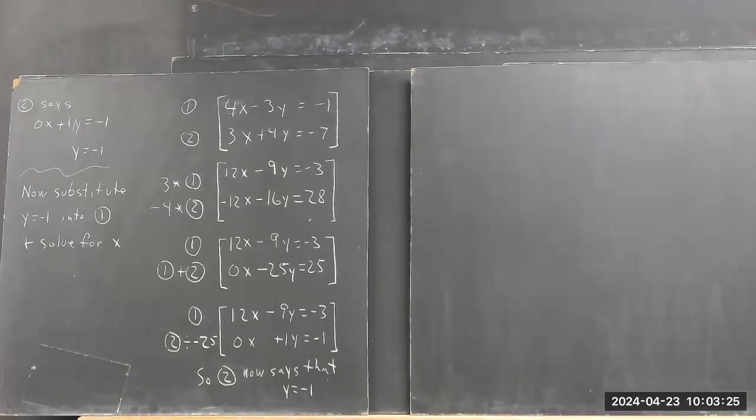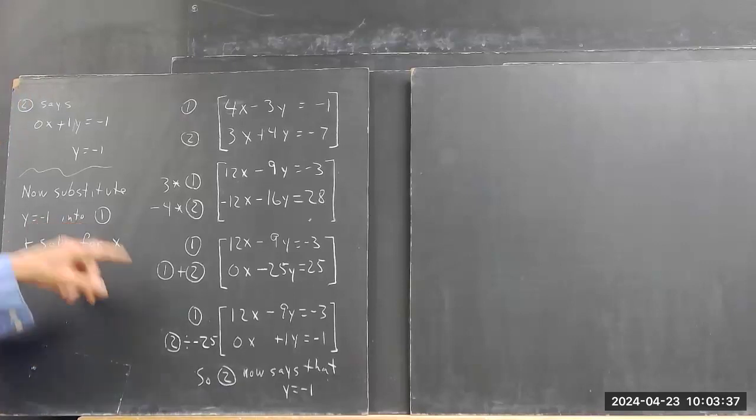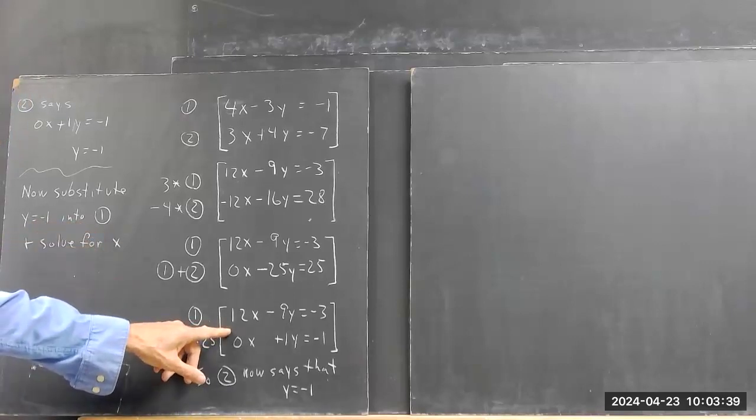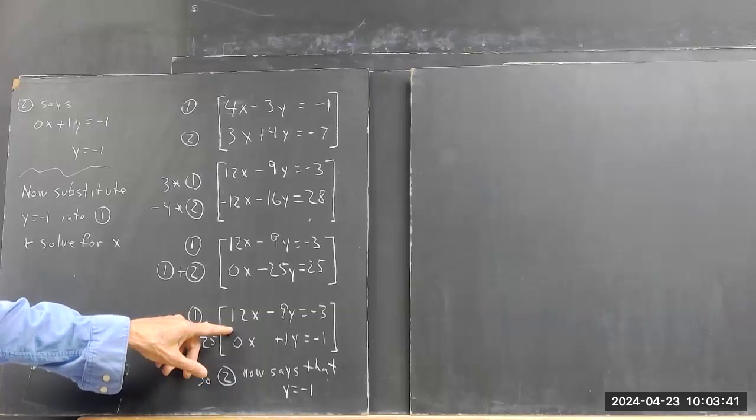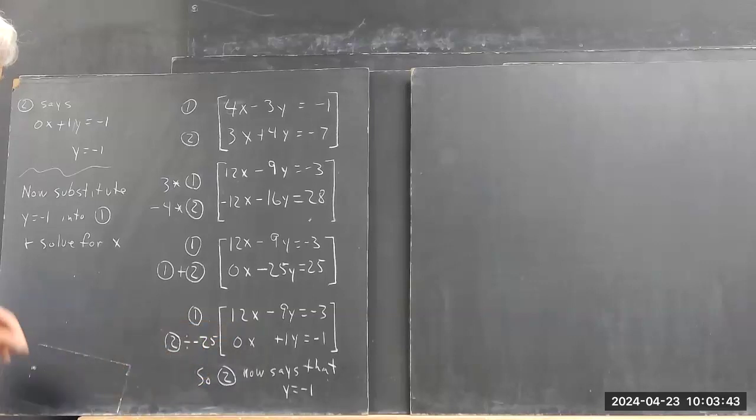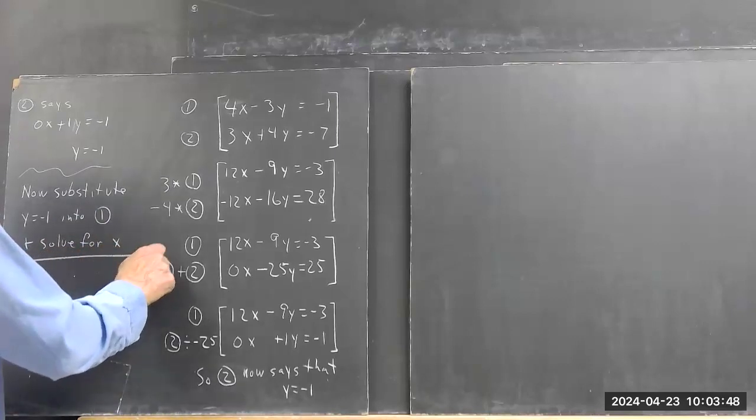Now, apparently some students don't understand what it means to substitute y equals -1. Maybe there's a confusion about where equation 1 is, but it's the last equation labeled 1. So let's talk about what it means to substitute.